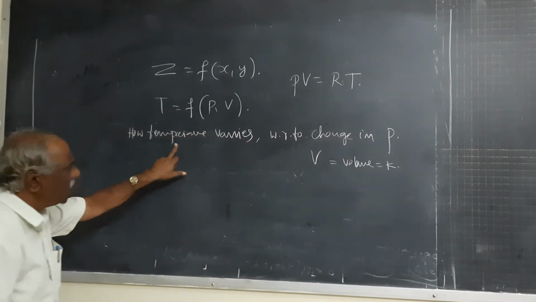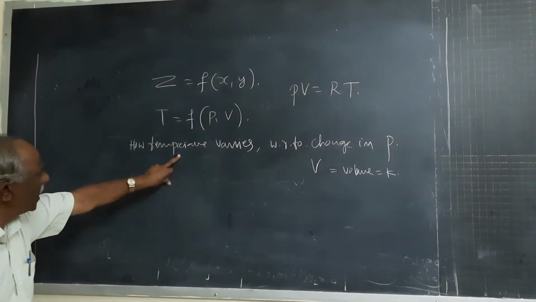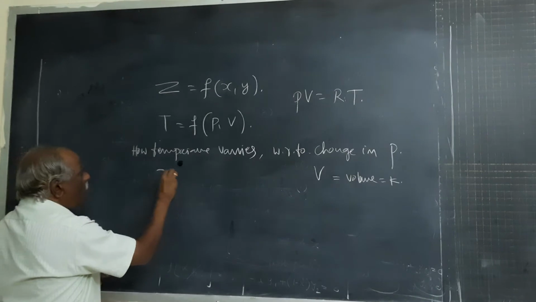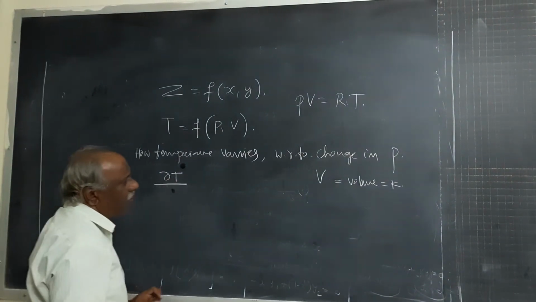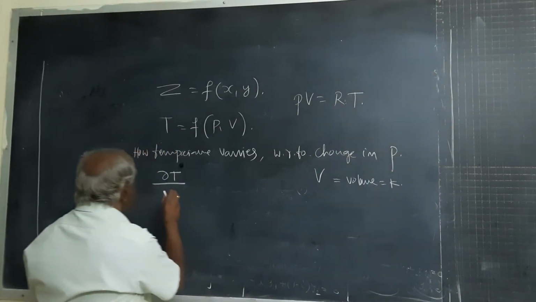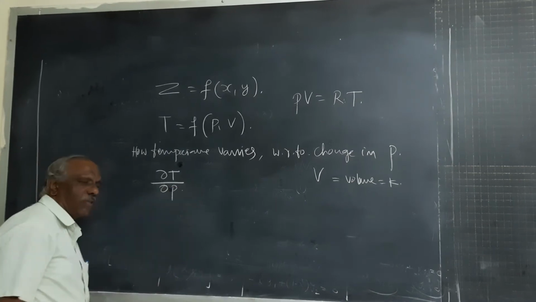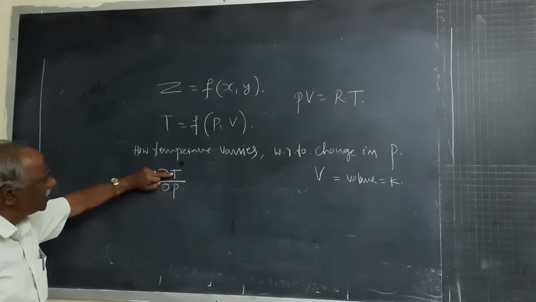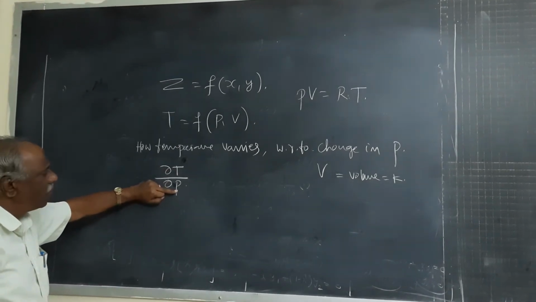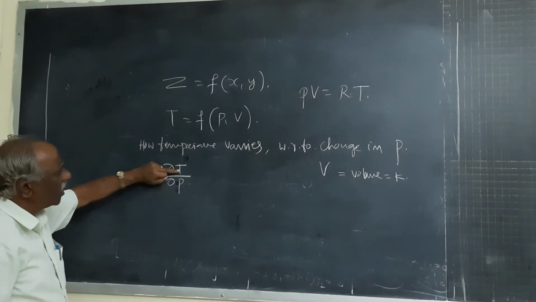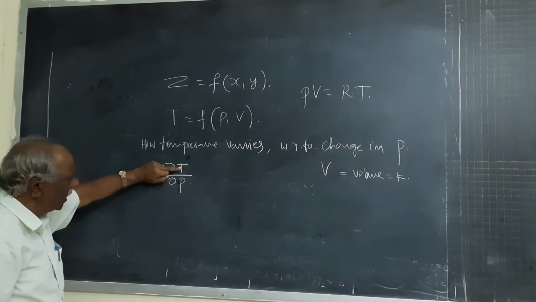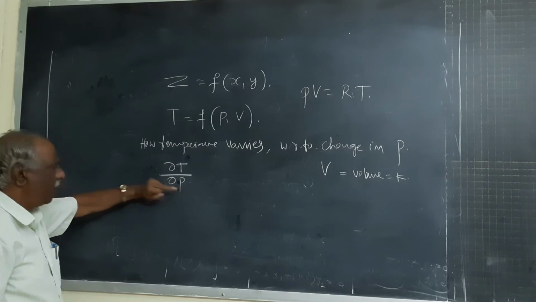This is actually denoted mathematically as dou T by dou P. That means how temperature is changing with respect to pressure. This is called partial differentiation of T with respect to P.